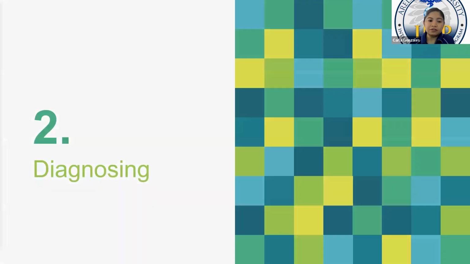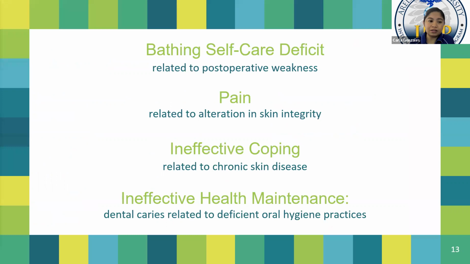So these are some of the nursing diagnoses related to hygiene and self-care. Bathing self-care deficit. In your NANDA, if you have tried browsing it, there are different categories of self-care deficit. So for example, your patient is post-op. There could be post-operative weakness.